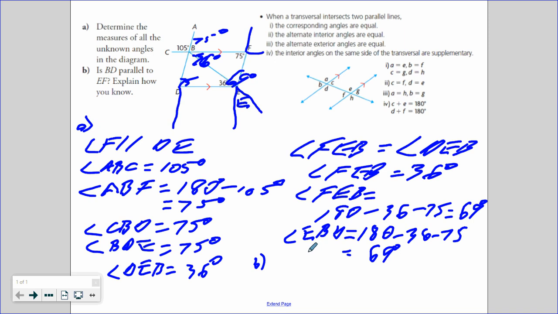So B, we want to say that yes, BD is parallel to EF.